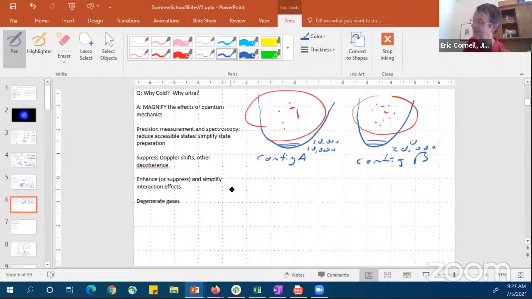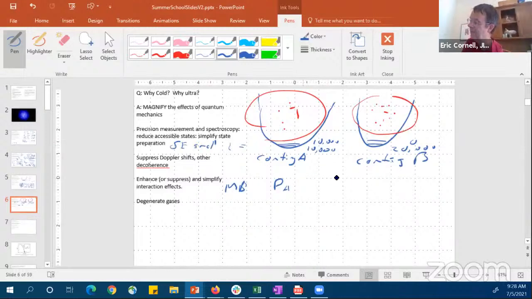If I have Maxwell-Boltzmann particles, then the probability is basically proportional to the number of different ways I can arrange this. I'm in the limit of this energy difference, delta E, being very small.